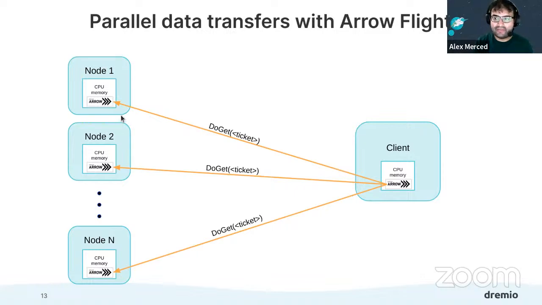So instead of all that data having to be aggregated on the server side, it can be aggregated on the client side, so you can receive the data faster. You have all these different methods built with that possibility in mind.